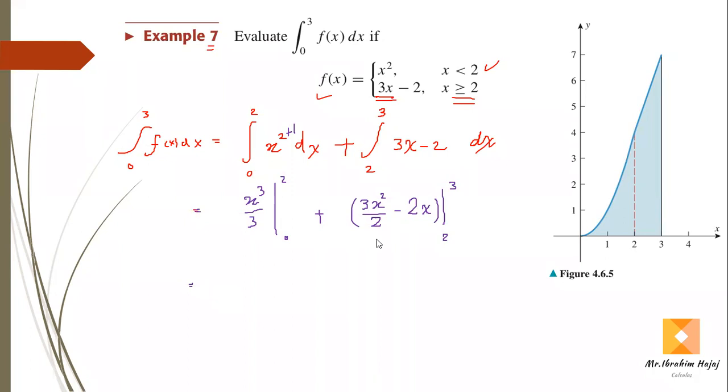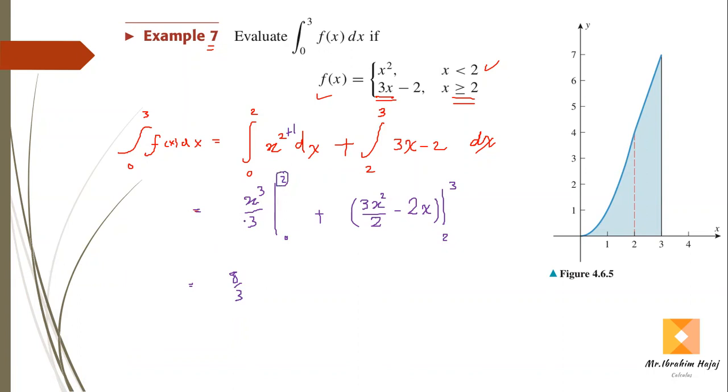The first one will be 8 over 3, minus 0, since we start first by 2 and substitute 2 squared. No, it's 8 over 3, not minus 8 over 3.